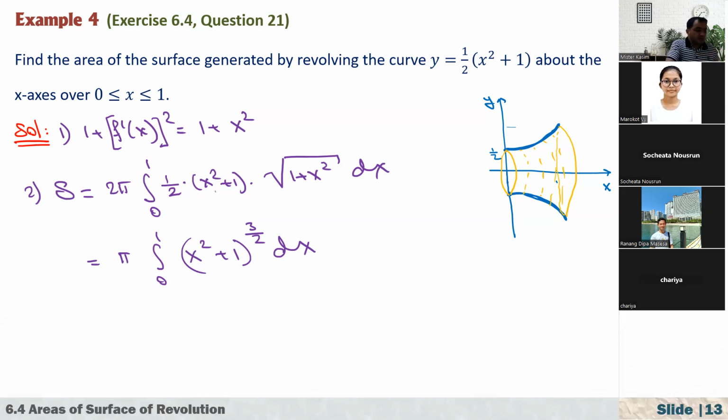Let me check the question. Did I copy this correctly? x squared plus 1 over 2, 1 over 2.